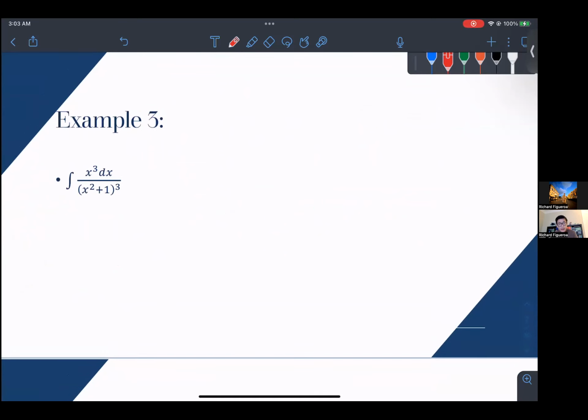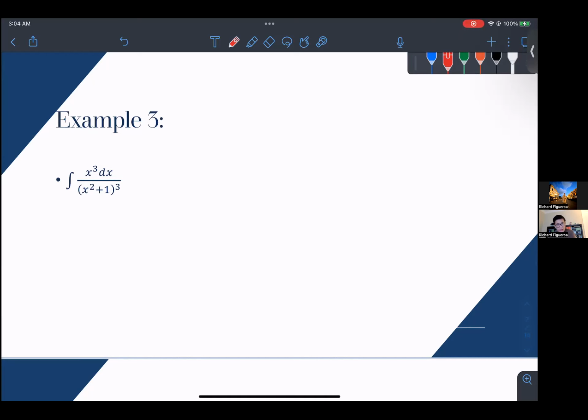Okay, so the next is we have x cubed dx over x squared plus 1, and then raise it to 3. So how should we answer this one? So we have x cubed dx over x squared plus 1, raise it to 3.